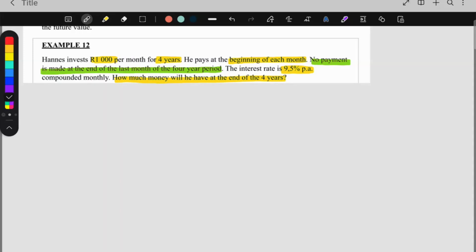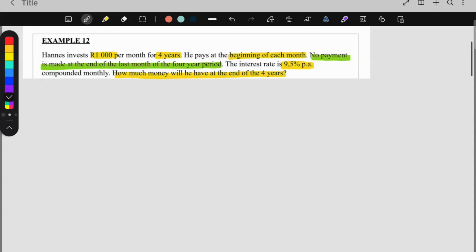How much money will he have in his account after 4 years? Let's start. First thing, we are busy with the F formula because there are regular monthly payments, and it's an investment, a savings account. Our question mark is F, because the question is how much money will be in the account after 4 years.